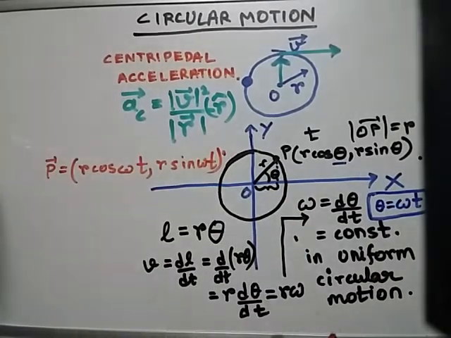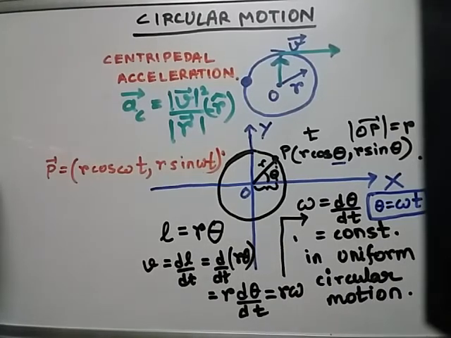Fine. Now this omega is equal to v by R.